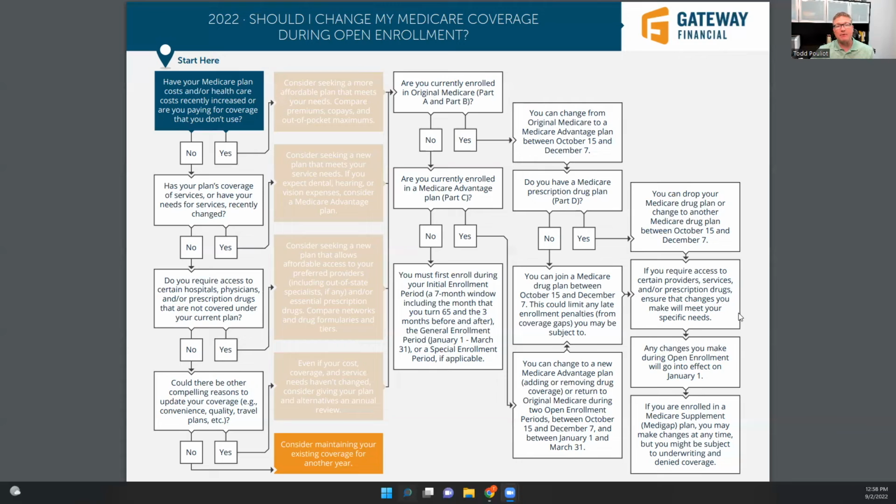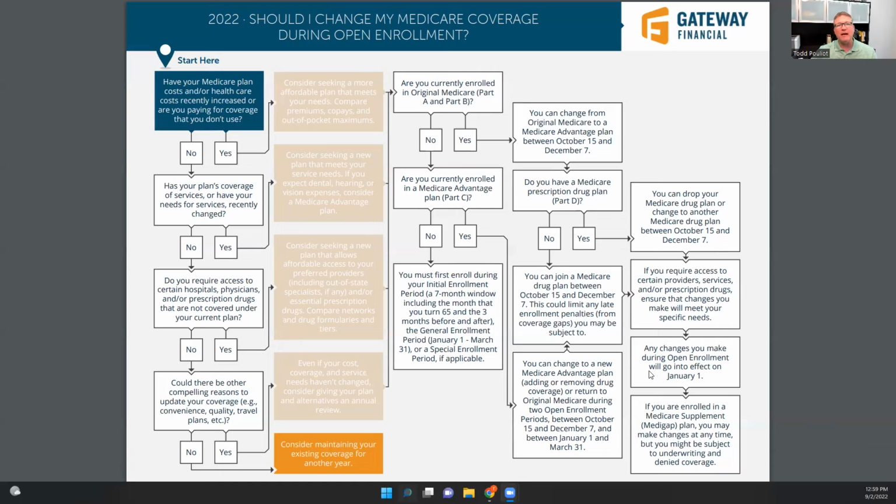Now, again, I brought up a personal situation with my father. I really need to make sure he has access to that certain provider that he needs to see at a certain hospital. So if we made any changes, we really need to make sure that he's got a specific provider that he can still stay and work with. And any changes you make during open enrollment will not go into effect immediately.